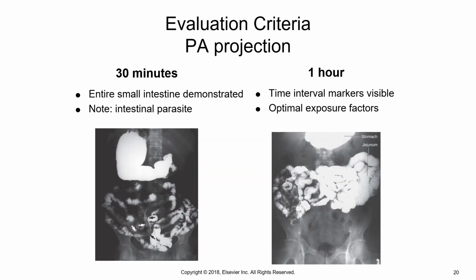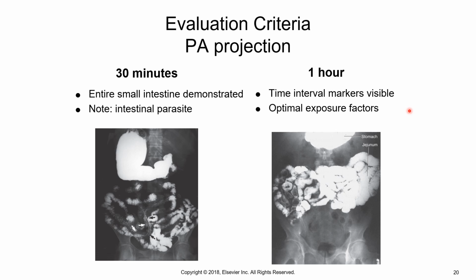You should always demonstrate the entire small intestine. Typically on the 15-minute radiograph, you will also include the stomach so that you are able to see where the contrast media is in relation to the small intestine. On all the other images, you want to make sure you have the entire small intestine as well as time markers visible.